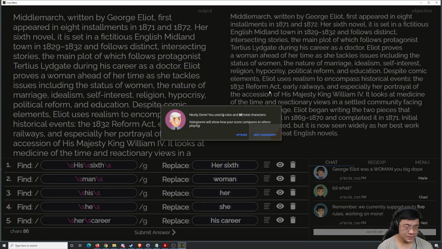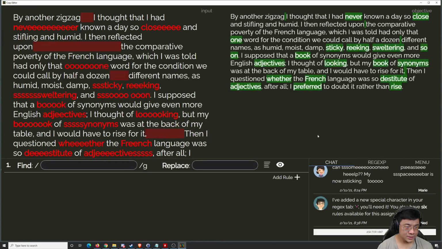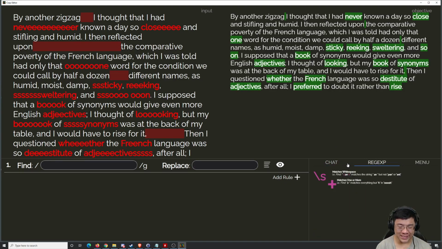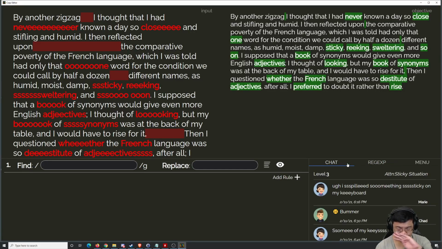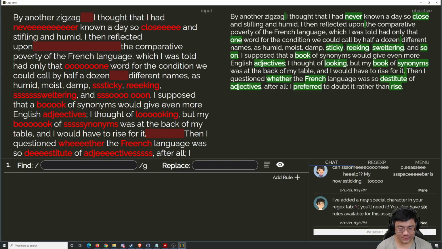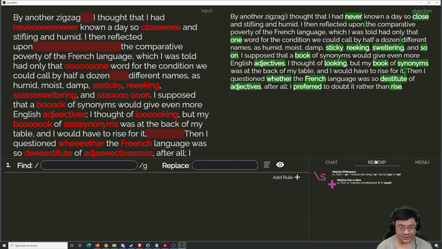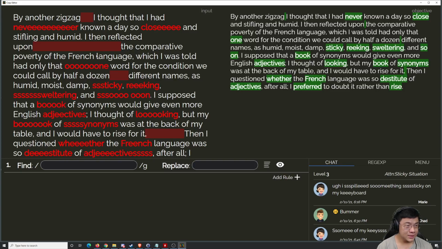Oh man, rip. This is the one where it matches more than one. Yeah, I remember this. Wow. So basically you're going to use this to match more than one O. You only have 5 rules.